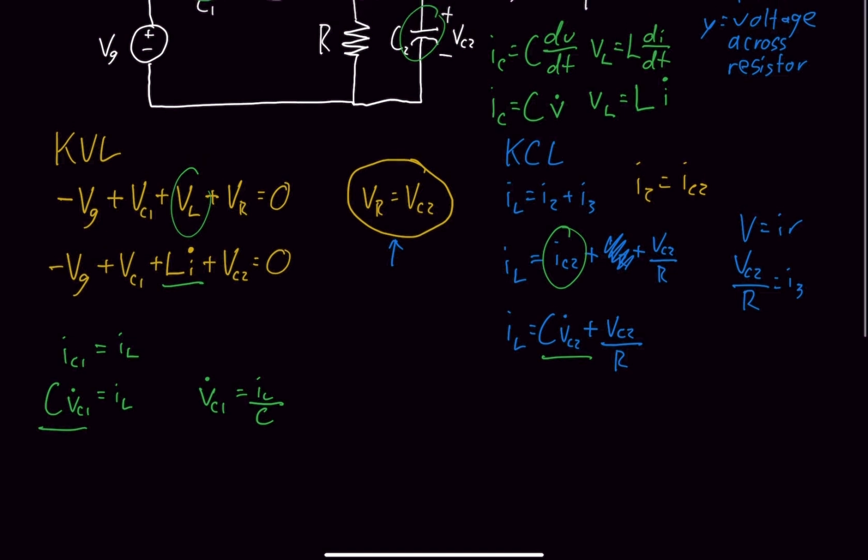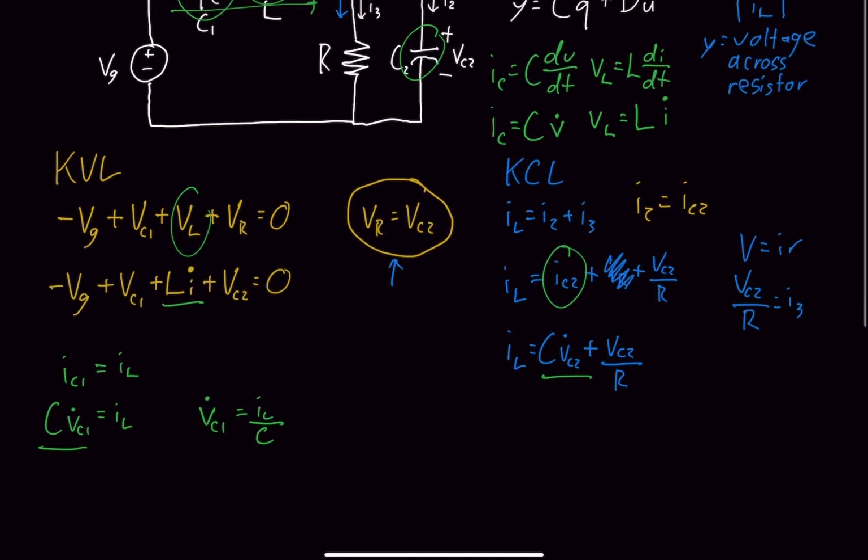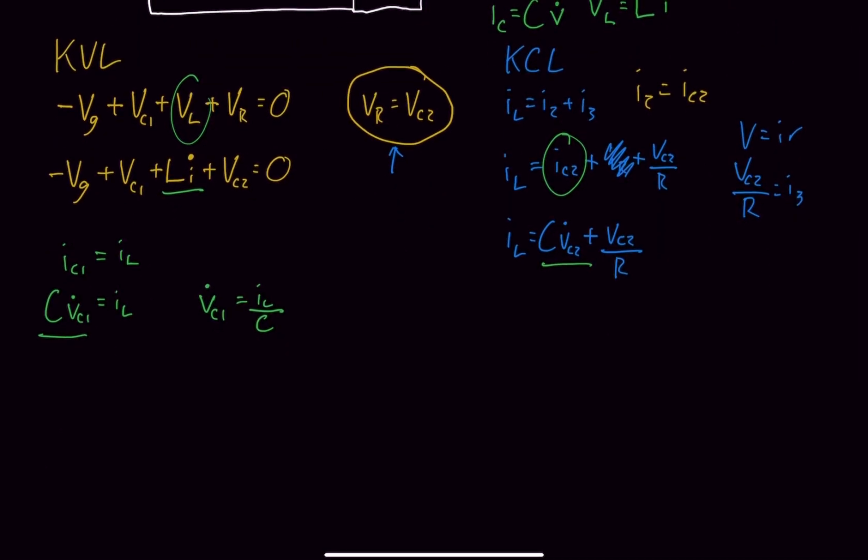And then let's look for our VC2. Let's rearrange these things. IL minus VC2 over R equals C VC2 dot.